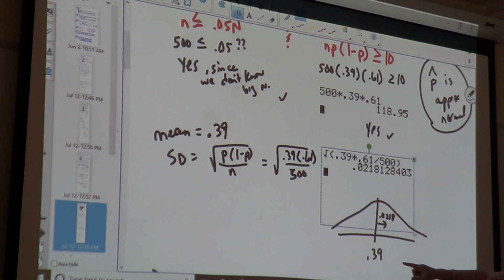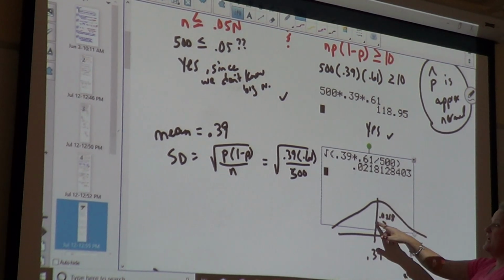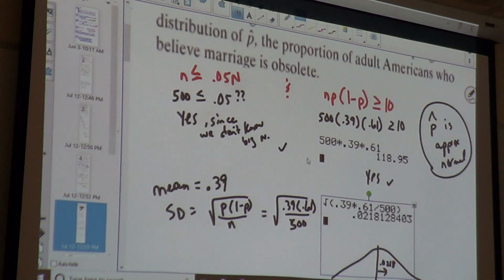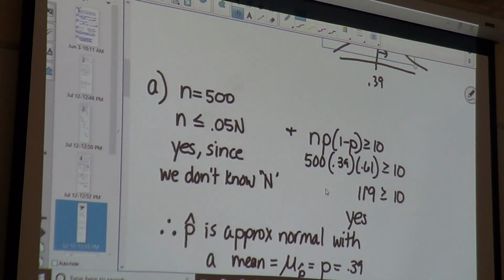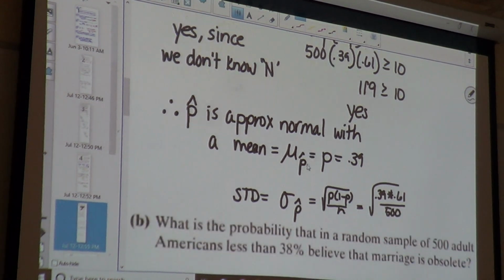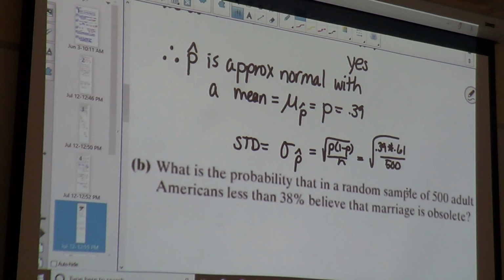So 39% is our mean and 0.0218 is our standard deviation. And it is normal because both of those conditions are true. And then there's the pretty version. Both of those are yes. My mean is 0.39. My standard deviation is the answer of that.